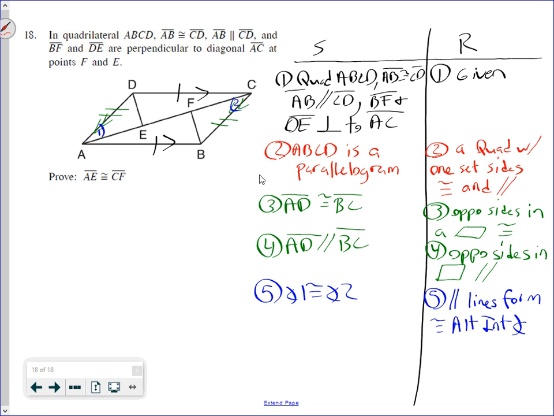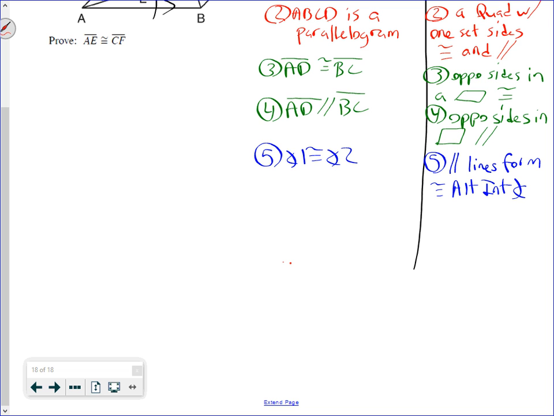So I still have a given I haven't used. I have the perpendicular given. Well, each of those perpendiculars at BF and at DE get me two right angles, but I just want to talk about the ones that I'm going to use in my little triangles. So next I want to say angle 3 and angle 4 are right angles.